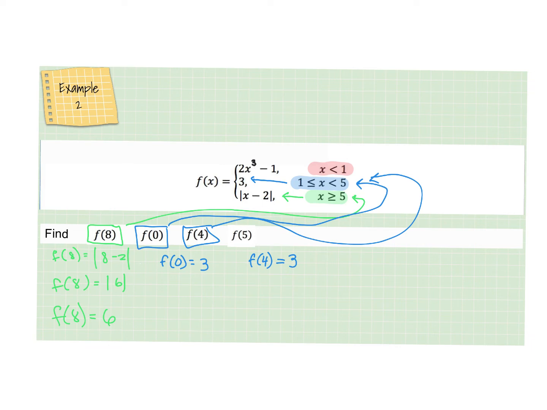F of 5 falls under the green one because only the green one can equal 5. The one in blue excludes 5. So I have f of 5 is equal to the absolute value of 5 minus 2. F of 5 equals the absolute value of 3. F of 5 is equal to 3.